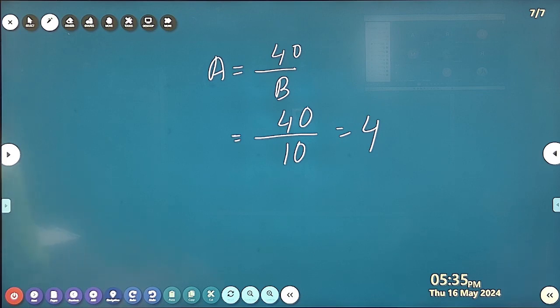Write I is equal to PNR by 100. Sometimes it is PRT by 100, it becomes PNR by 100. Okay, and what is the amount formula?